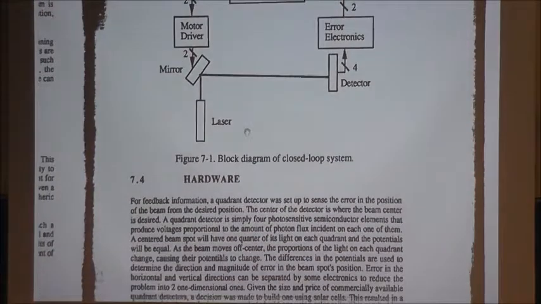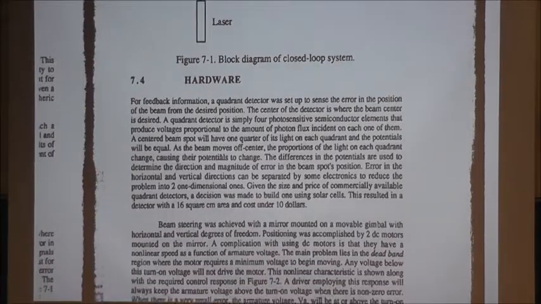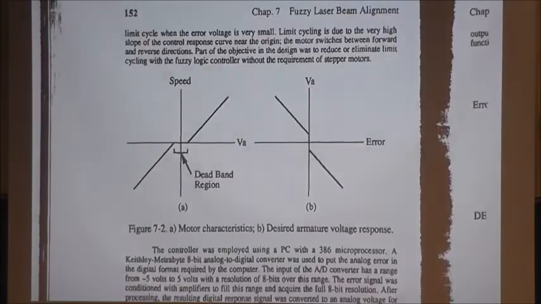So he talks about the hardware. This is the characteristic of the motor, which has a dead band. It's a nonlinear characteristic, and this is the armature voltage, which also has a dead band here. So the motor is actually going to be a nonlinear device.